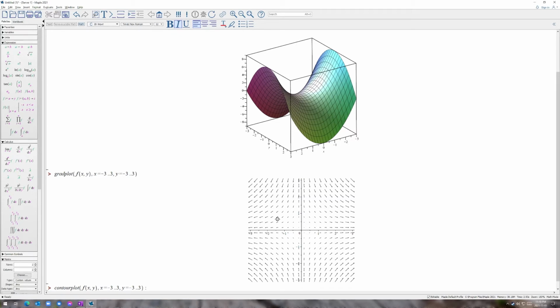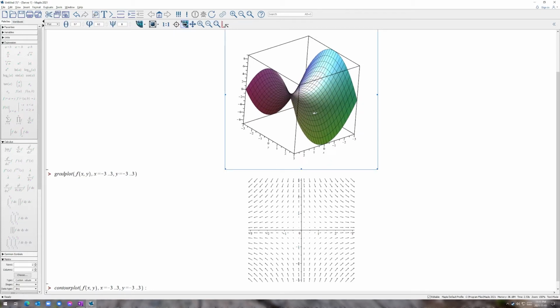And you get a pretty good sense of where they're pointing, but none of these arrows are drawn exactly to scale. However, they are at least proportionally accurate to one another. The smaller magnitude vectors towards the origin and larger magnitude vectors away from the origin. Now, how are these two graphs related?